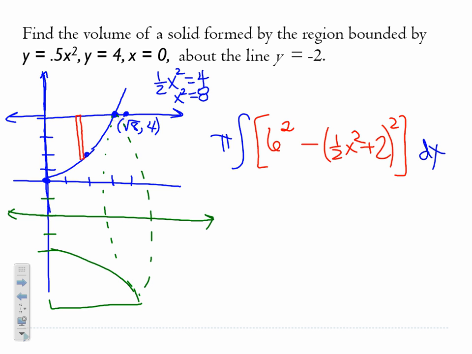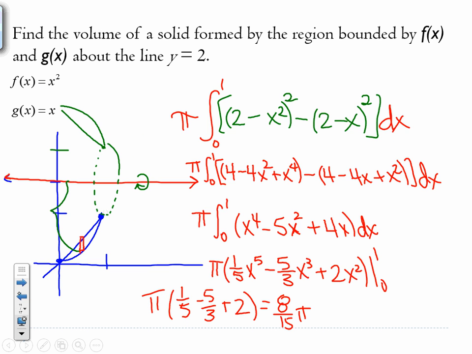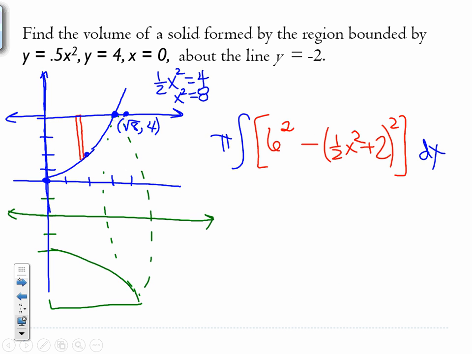Let's compare this to the other one. There, we had to take the line minus our function, because our axis of rotation was above our rectangles. Here, our axis of rotation was below our rectangles, so we took our rectangle minus our axis of rotation. It still has to be top minus bottom.